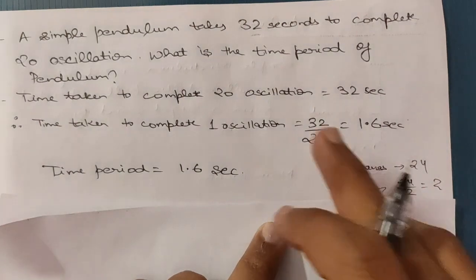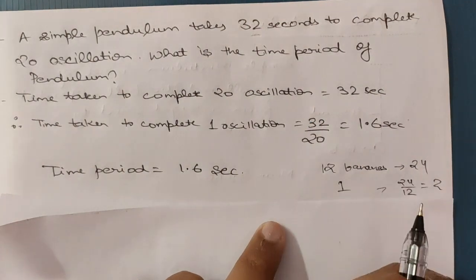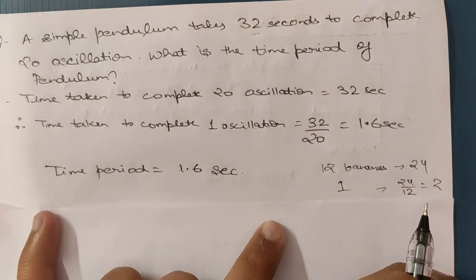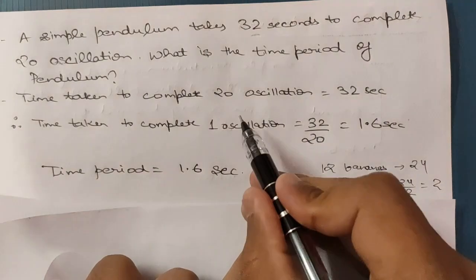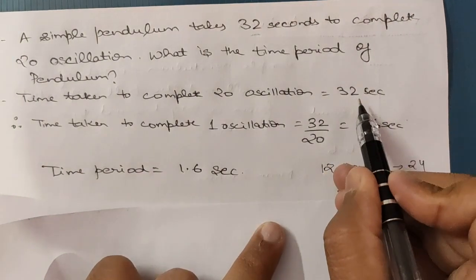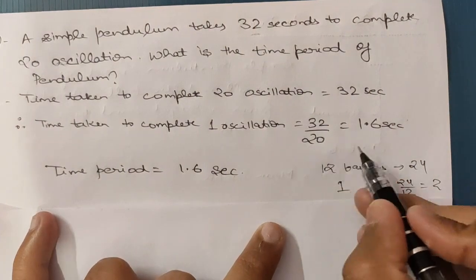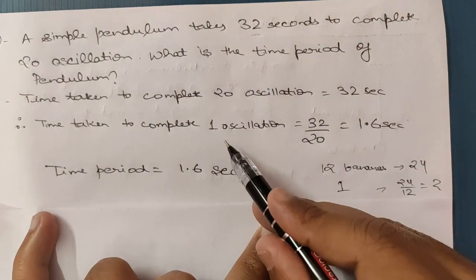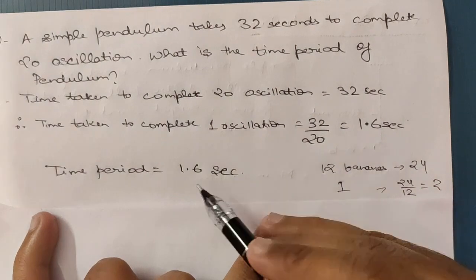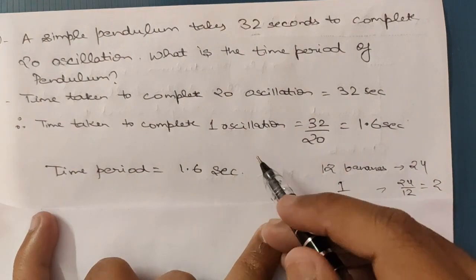It is the same here in the unitary method. Time taken to complete 20 oscillations is 32 seconds. Time taken to complete one oscillation is 32 divided by 20, that is 1.6 seconds, because we have to calculate for one oscillation. So the time period is 1.6 seconds.